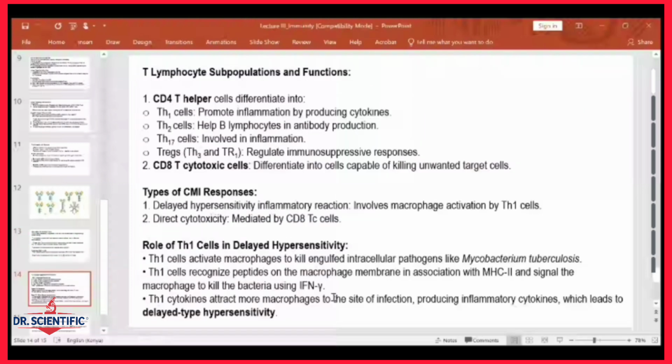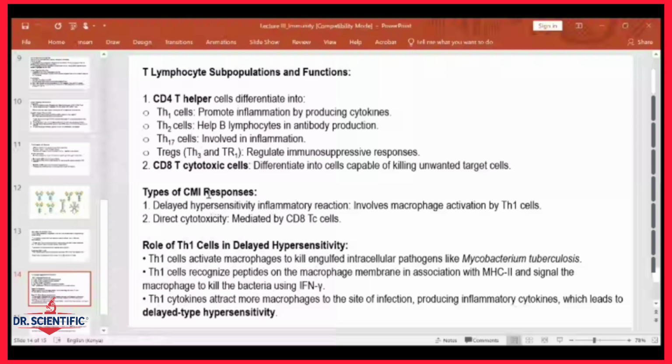All right. T cell subpopulations, we already talked about these. We talked about T helper cells being Th1, Th2, Th17, and Tregs, and we've seen the kind of cytokines they produce. We also talked about CD8. There are types of cell-mediated responses: delayed hypersensitivity and direct cytotoxicity.